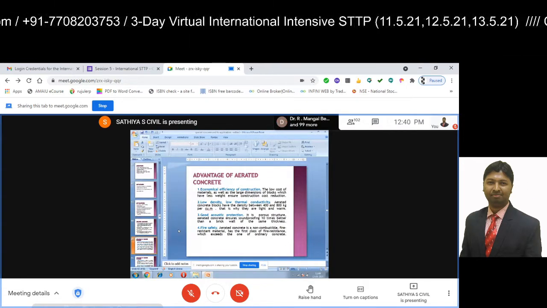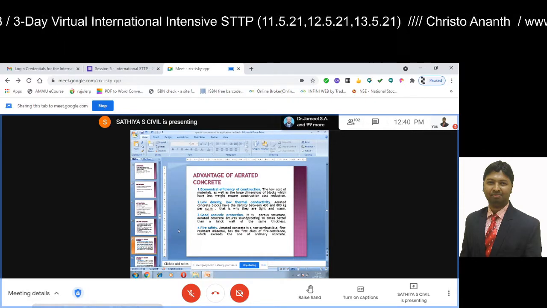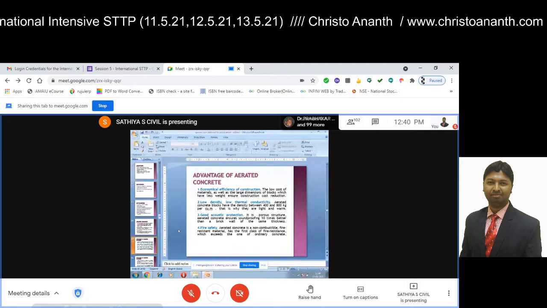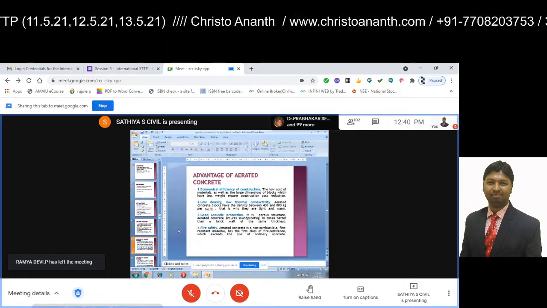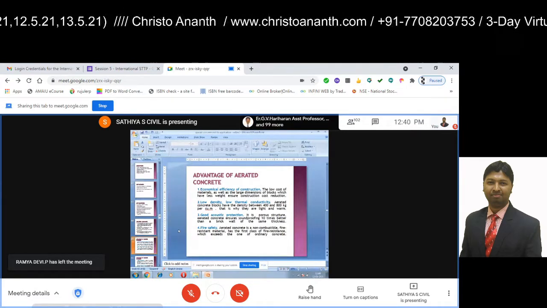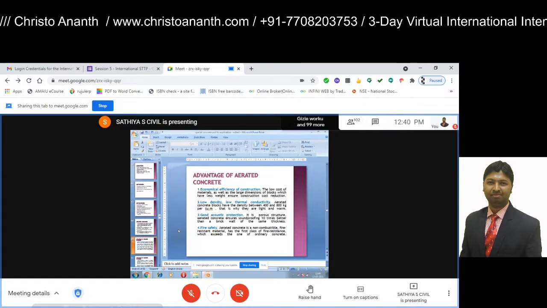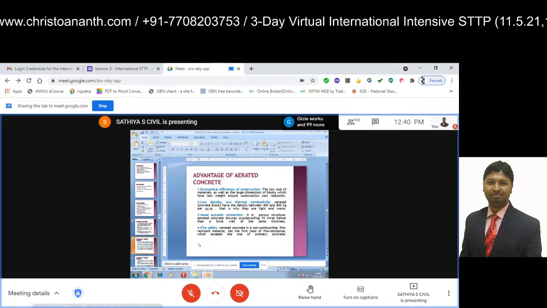So when we compare with the brick wall, the soundproofing is 10 times better. So it has very good acoustic protection, and fire safety. Aerated concrete is a non-combustible, fire-resistant material, has a first class of fire resistance which exceeds that of ordinary concrete. So it is a very good advantage.